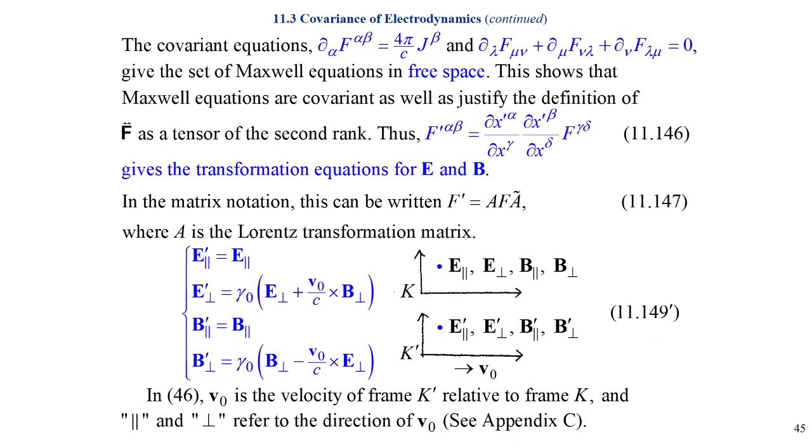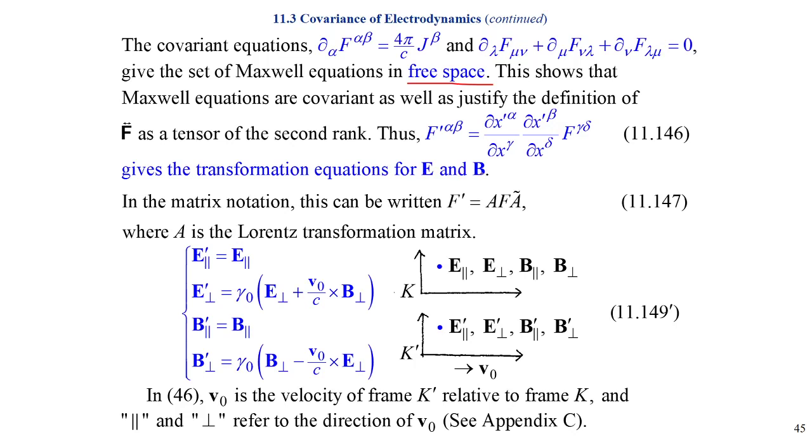So we have two covariant equations that give us four Maxwell equations in free space. Let me emphasize, in free space. This shows that Maxwell equations are covariant, as well as justifies the definition of F as a tensor of the second rank. So F prime alpha beta transforms in the same way and gives the transformation equation for E and B.